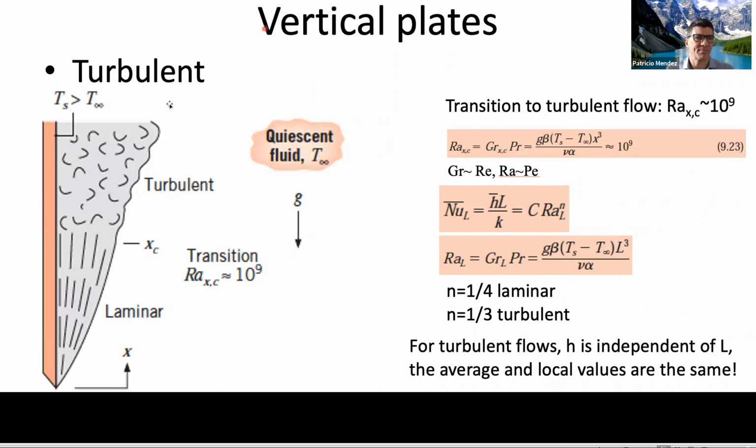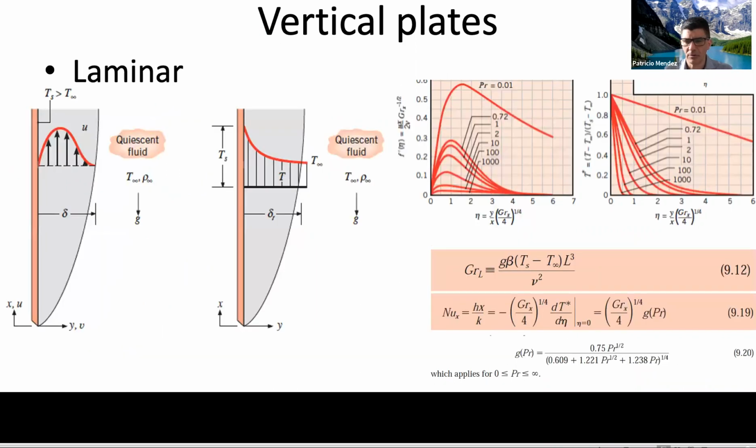So here what we just saw was how to calculate a local Nusselt for a vertical plate in laminar flow. And all this tabulation is based on this Grashof number that for the case of air, water, and oil is going to have here a factor of more or less Prandtl to the 1/4.